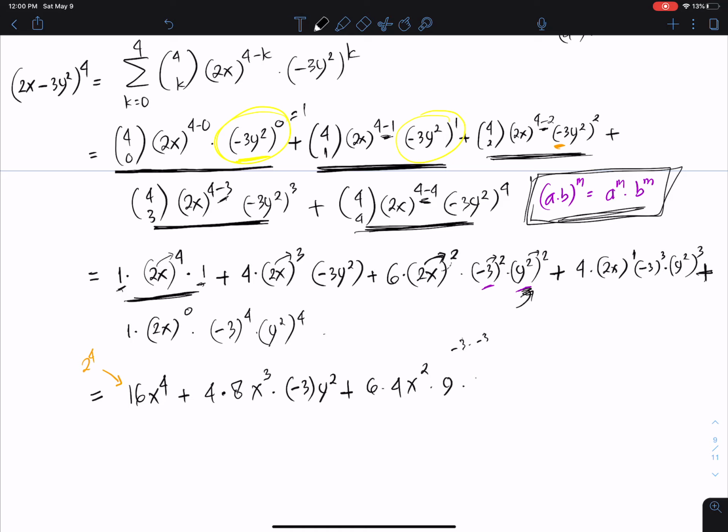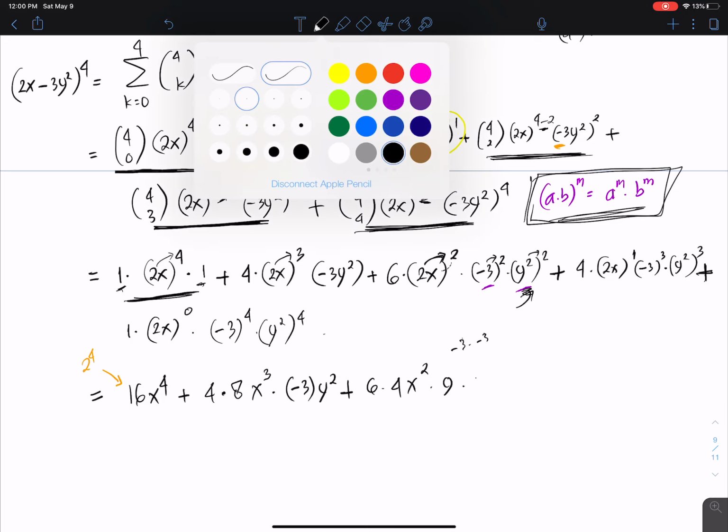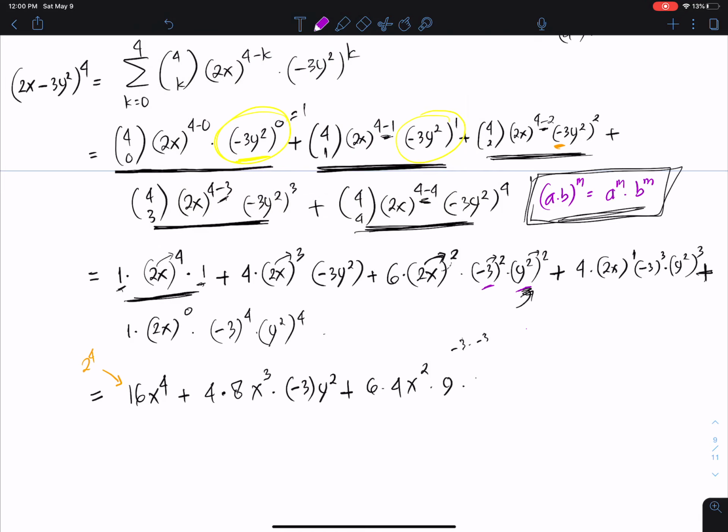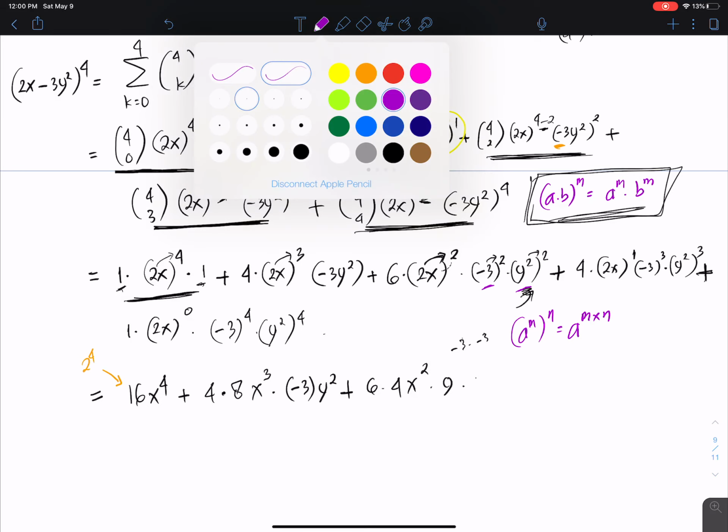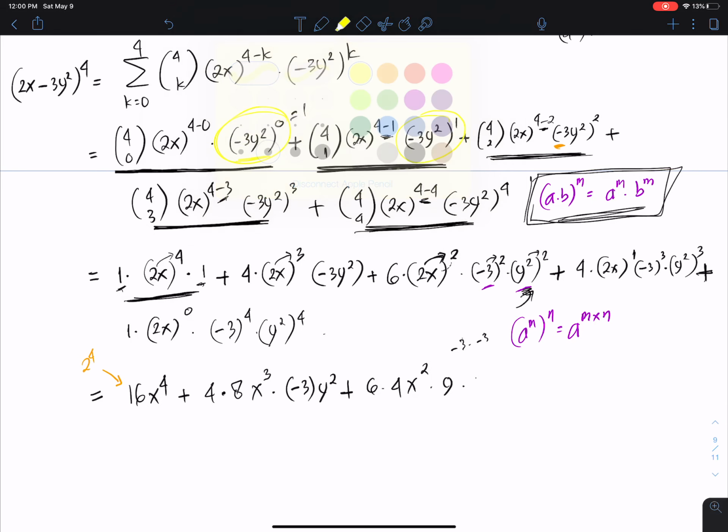So it becomes what? What rules of exponential here? Now, if you forgot, a to the power of m to the power of n, the result will be a to the power of m times n. This is exponential. So when we have this, I will highlight.